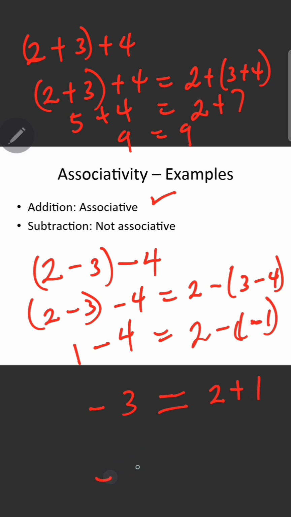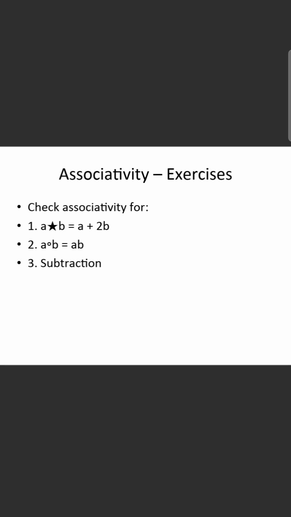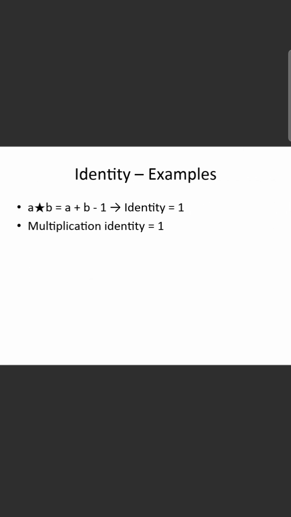So minus 5 is not equal to 3. Never. So subtraction is not associative. Then for distributive, we have solved more examples on that.